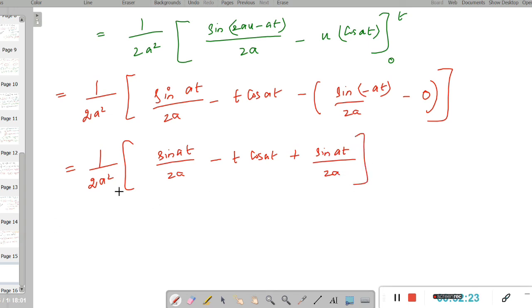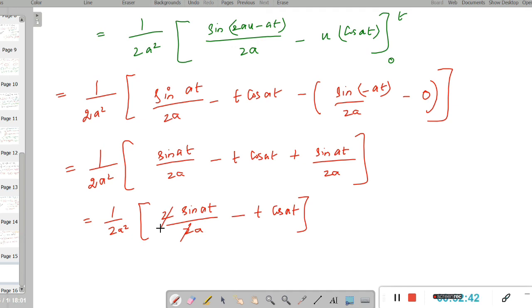So first and third term have the same, numerically same. You can add these two terms. 2A square, 2 sine AT divided by 2A minus t cos AT. You can cancel this term.